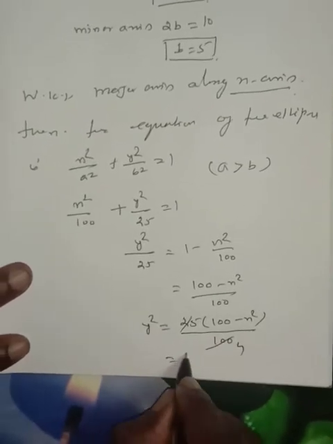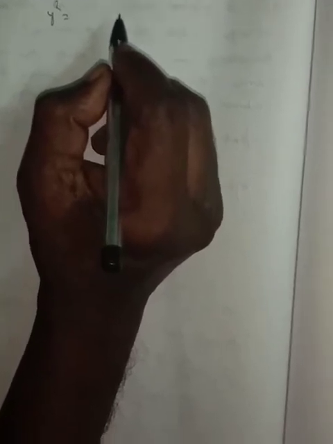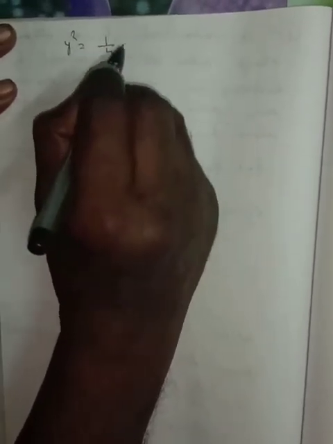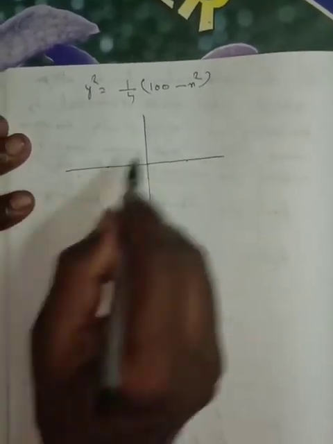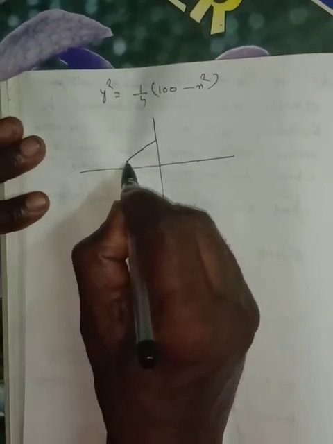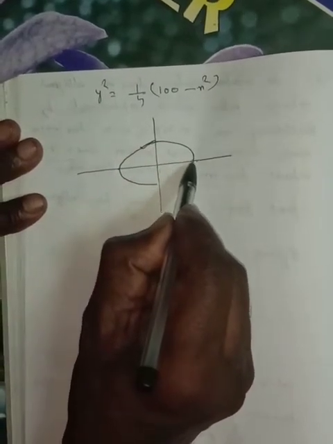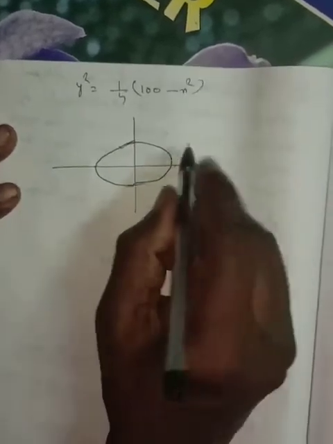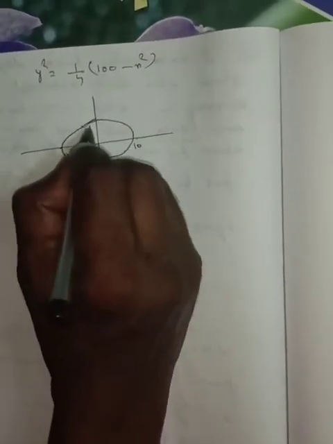We get y square is equal to 1 by 4 (100 minus x square). This is 10. Here minus 10. Here 5.